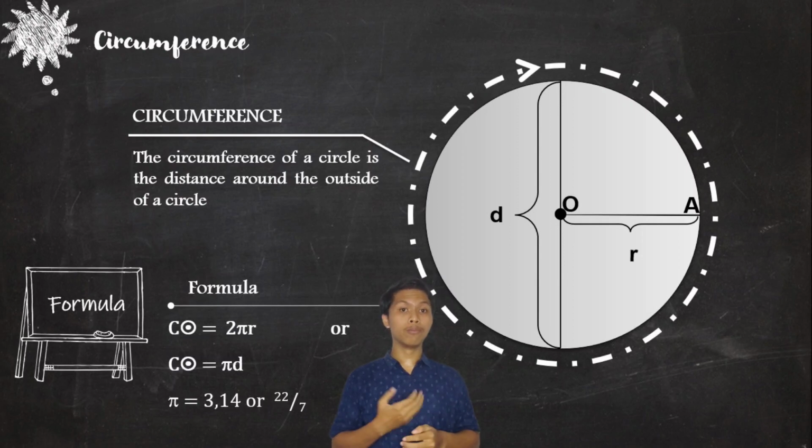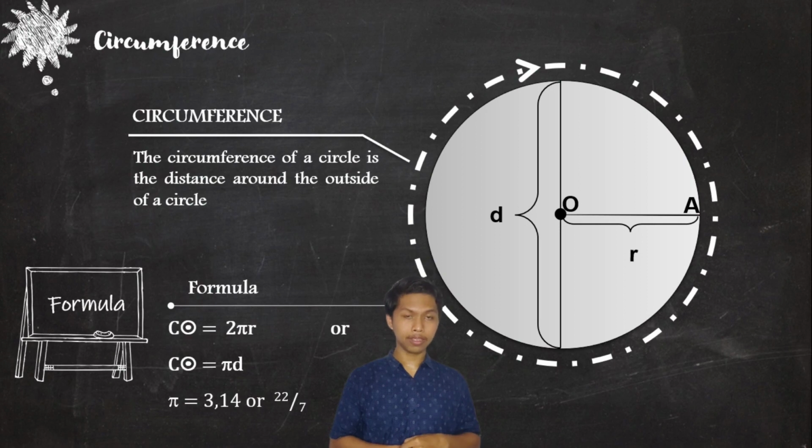But before we move on to the next slide, we need to learn about pi. In mathematics, the word pi refers to a very special number. It is obtained from the circumference of a circle divided by the diameter. No matter what size circle you measure, the ratio of circumference to diameter will always equal 3.14.